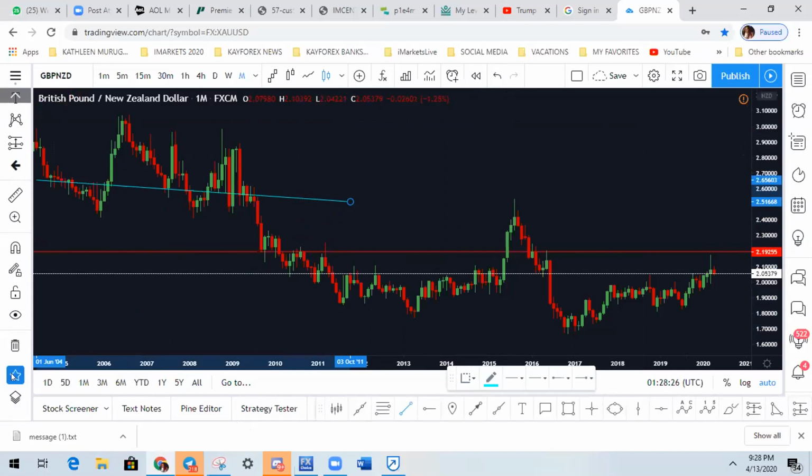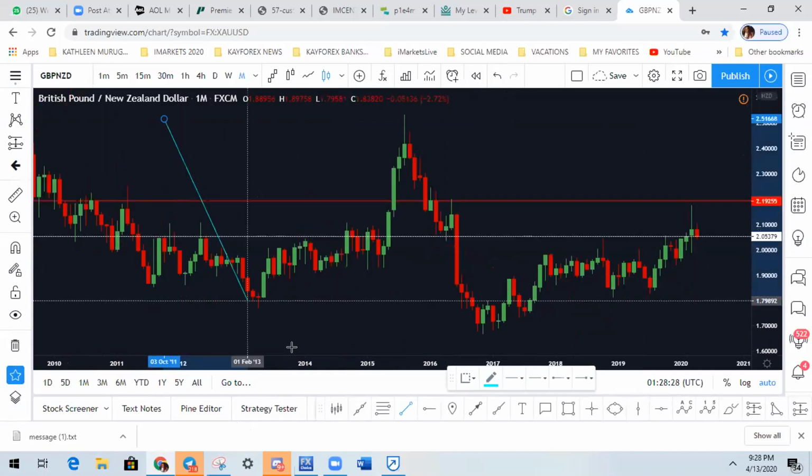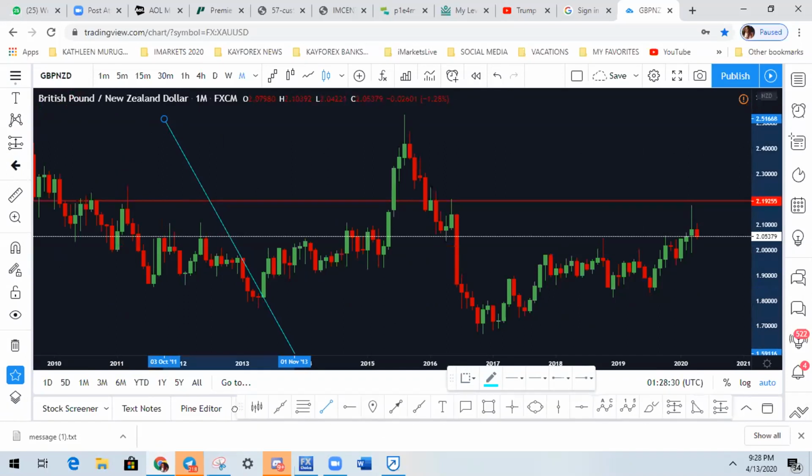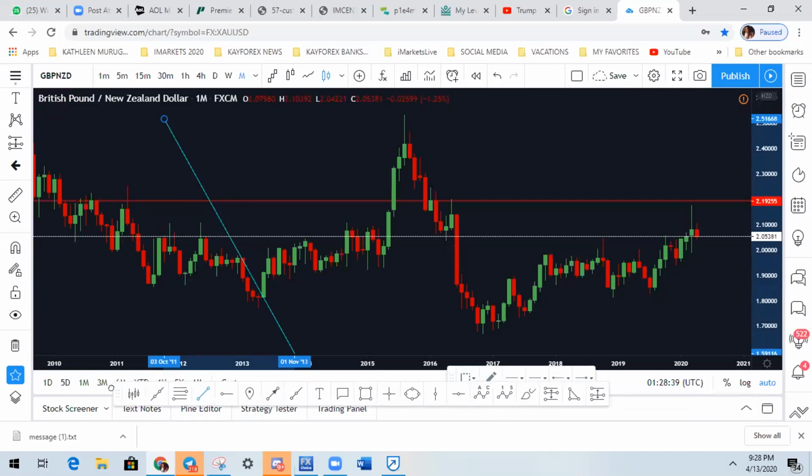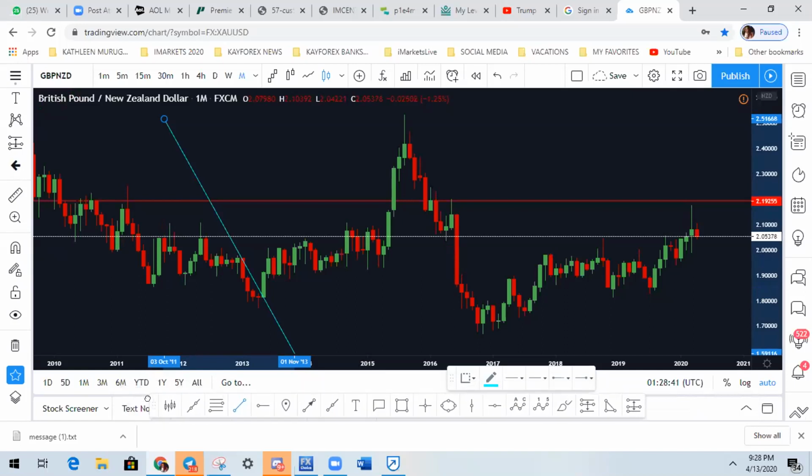There you go. Oh, wow. There's always something. I have everything marked up, but I really don't mind, because the more hassles we get, the more we get used to TradingView.